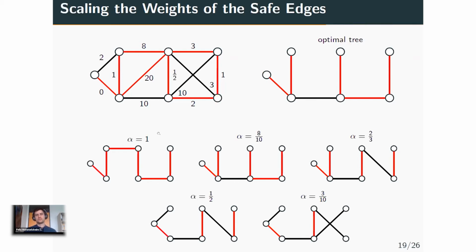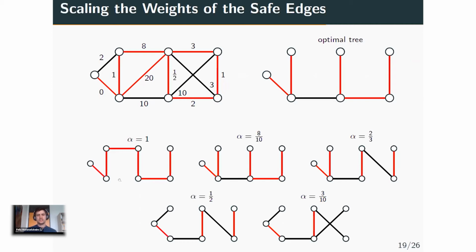For different scaling factors, we obtain different spanning trees. Here we can make some interesting observations. For example, if you decrease alpha, since a spanning tree is a special matroid, we will always increase the number of safe edges. As you can see here, the number of safe edges increases when you decrease alpha.